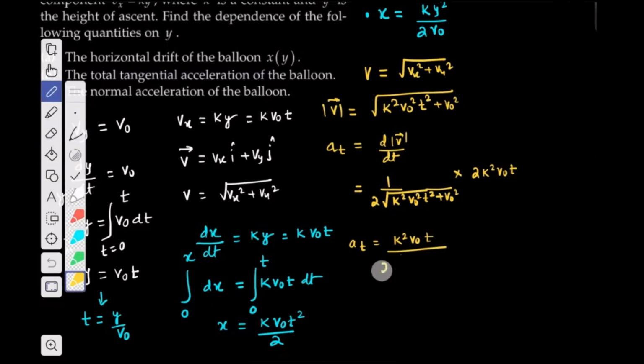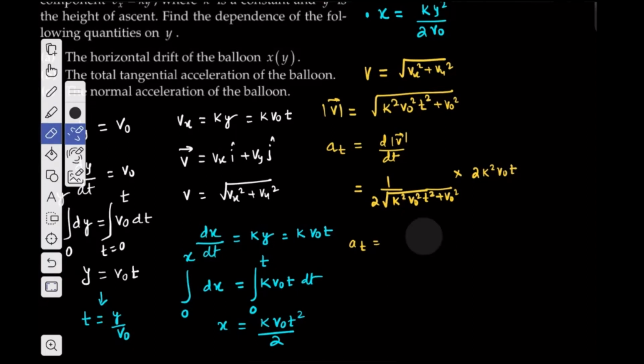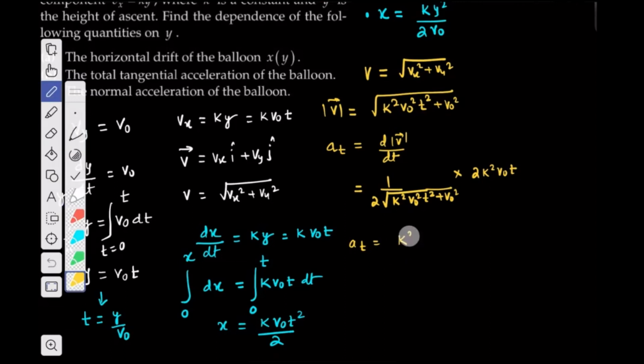And 2 cancelled only. And if I do that, it will cancel out the v naught I have got in the numerator. So check out, it will become k square t divided by root over 1 plus k square t square. All of you got it now?